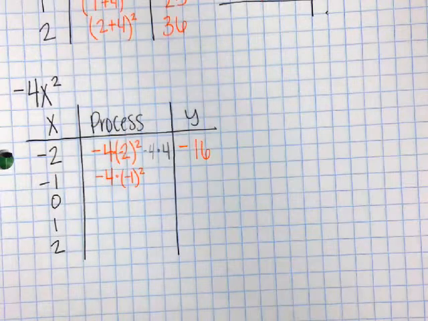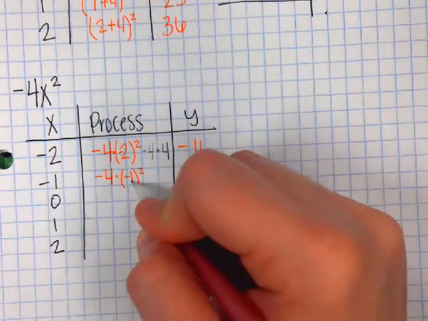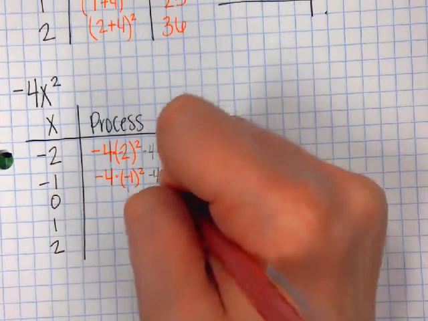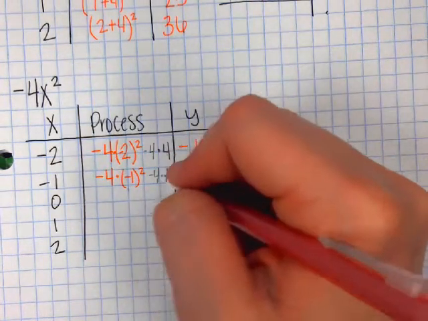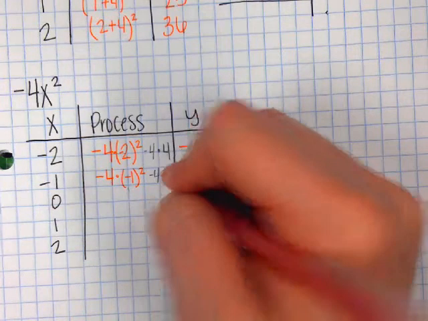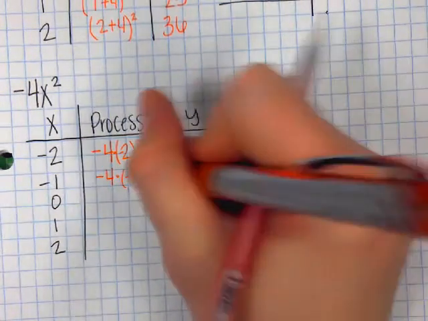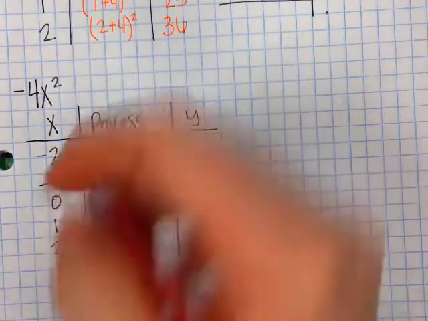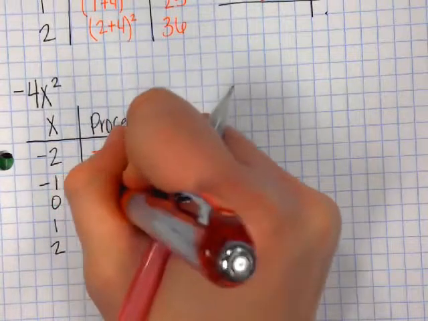Okay, then we have negative 4 times negative 1 squared. So I have to do this part first. Again, negative 1 times negative 1 is a positive 1, so it would be negative 4 times a positive 1. A negative times a positive is a negative. 4 times 1 is 4.